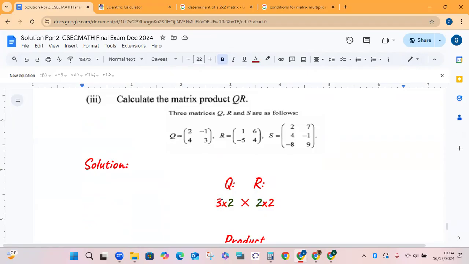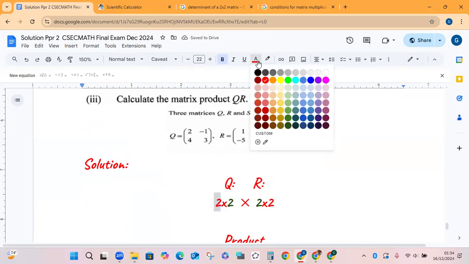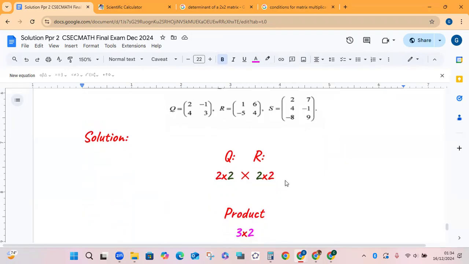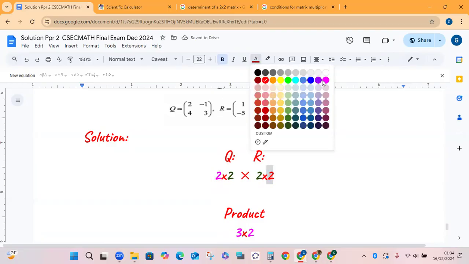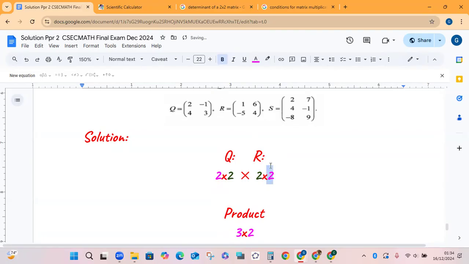And the product now, Q is a 2 by 2, and the product will also be a 2 by 2. For the number of rows in Q, the number of columns in R. So we expect to get a 2 by 2.